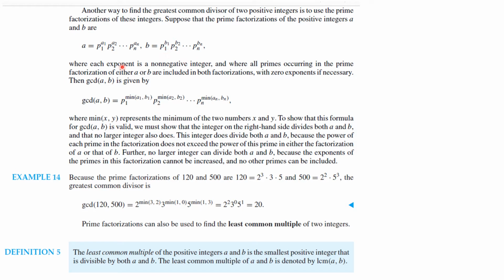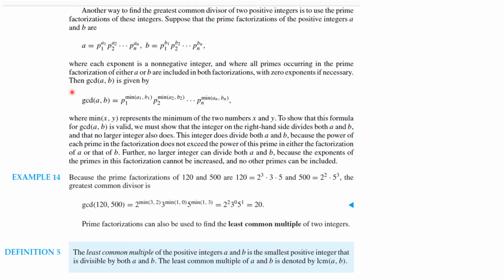You could use a power of 0 if the prime's really not there, so each exponent is a non-negative integer, which would include 0, where all the primes occurring in the prime factorization of either a or b have been included in the factorization, with 0 exponents if necessary.